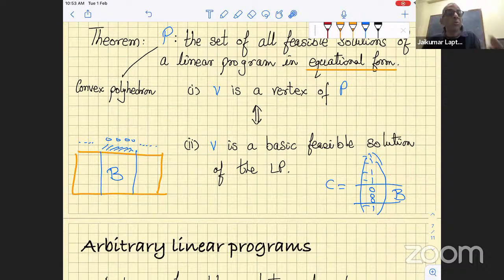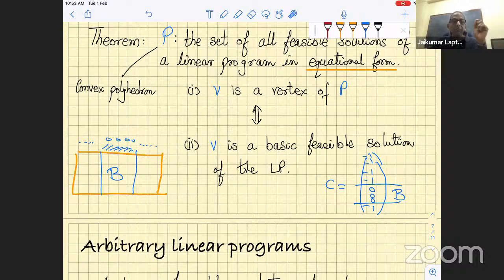That means it should also be a basic feasible solution with the same basis, because it has zeros elsewhere and it is a feasible solution. But we know that once you have fixed a basis, there is a unique basic feasible solution. So that solution must also have been V itself. So there cannot be a feasible solution different from V which gives an objective value 0.